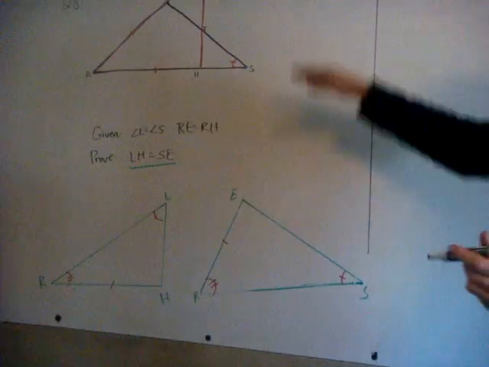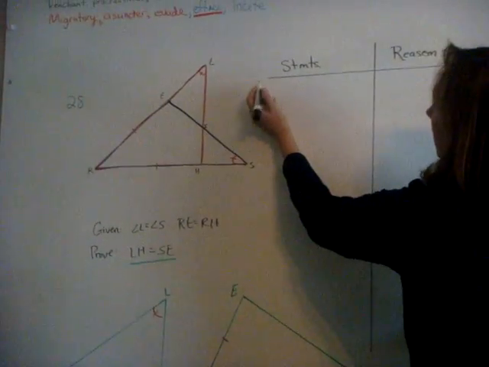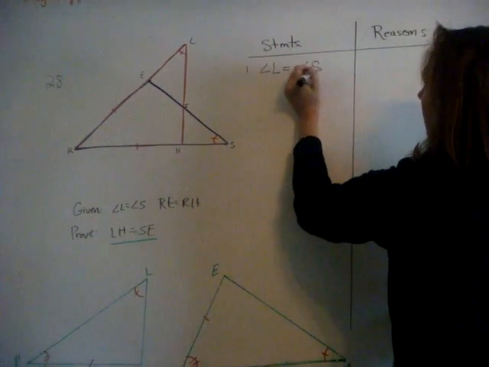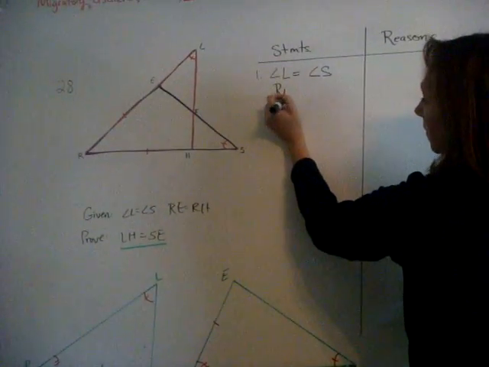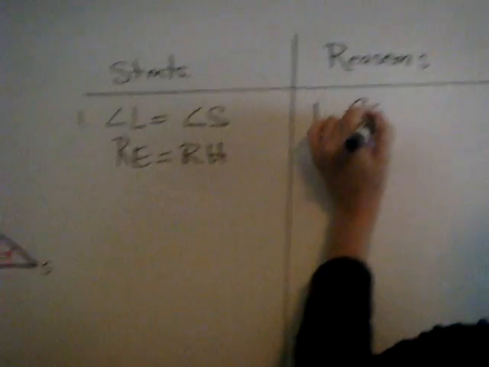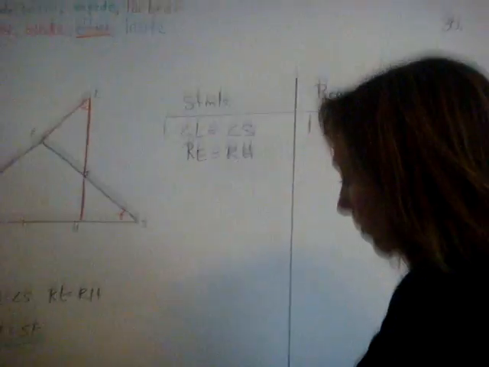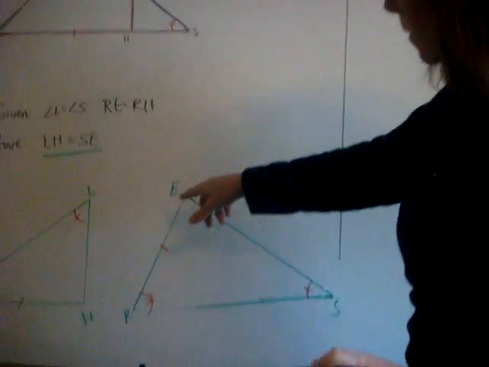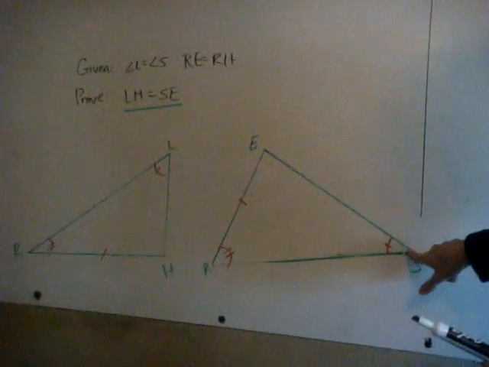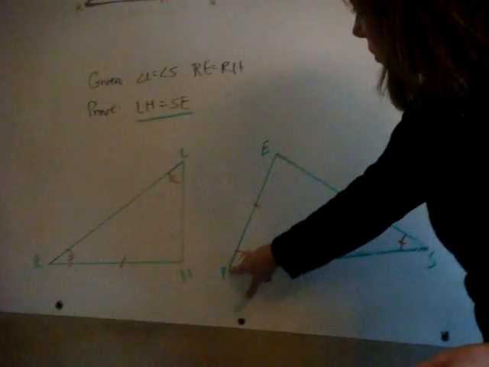So the first thing we're going to do is write our givens down. We have angle L equals angle S, and we have RE equals RH, and that is given. So I'm actually going to mark it right here. I marked angle L is equal to angle S, and RE is equal to RH.